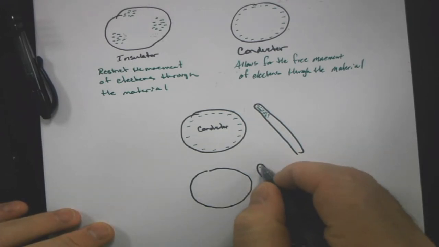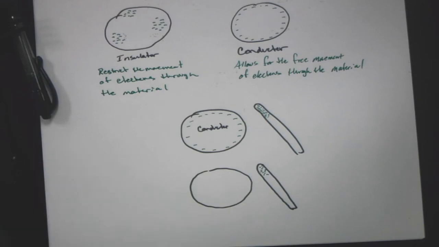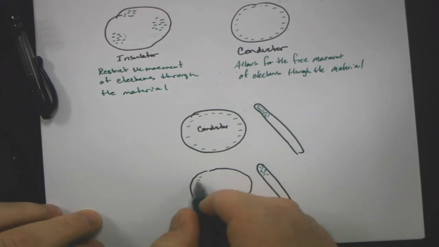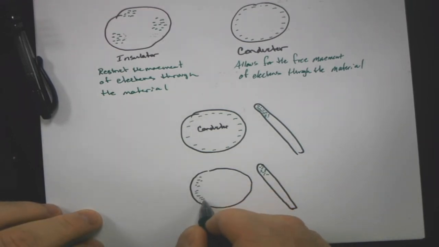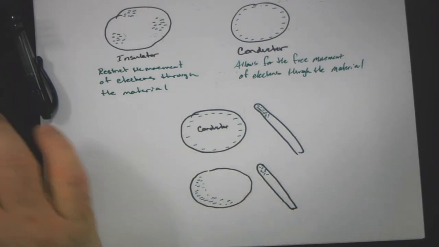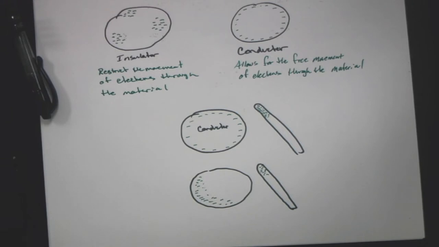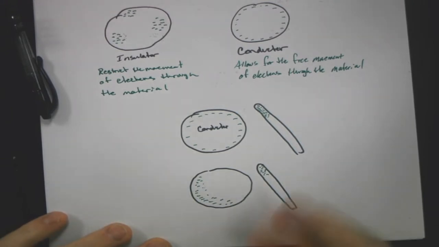The negatives stay on here, because this is generally an insulator. But over here all of our negative charges will run away from this and they'll go to the other side of the conductor, which leaves what on this side of the conductor?